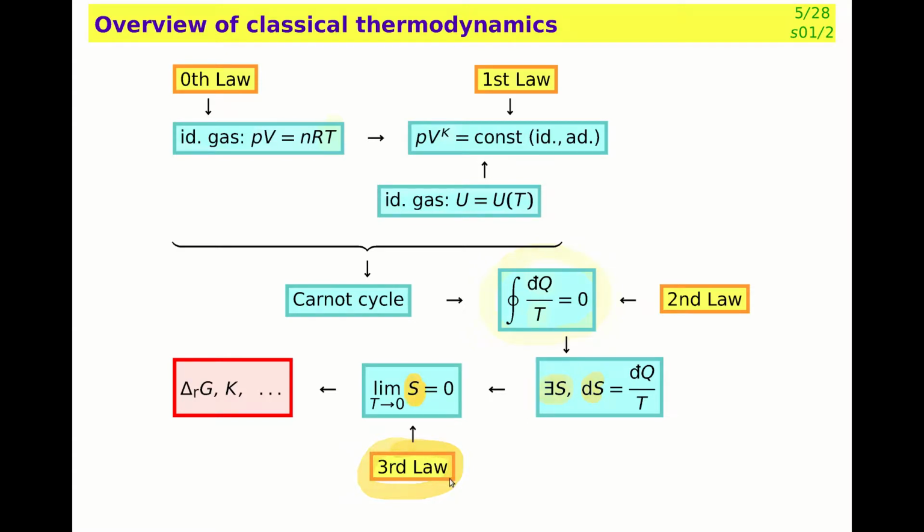From this entropy and other quantities like internal energy, I can derive other quantities like enthalpy, Gibbs energy, and from these I can study chemical reactions, for example, equilibrium constants, and so on. So this has been the classical thermodynamics in brief.